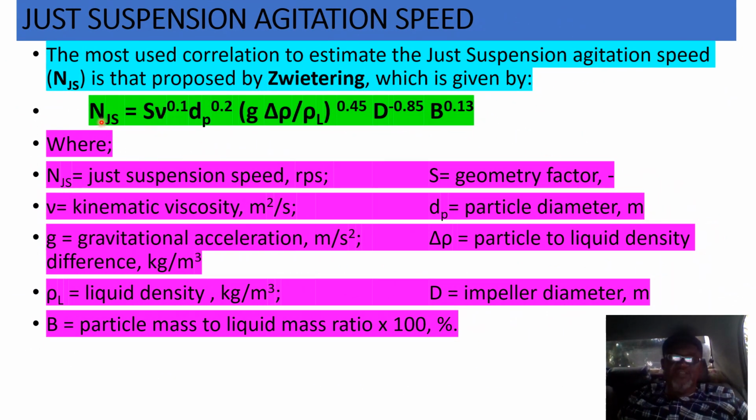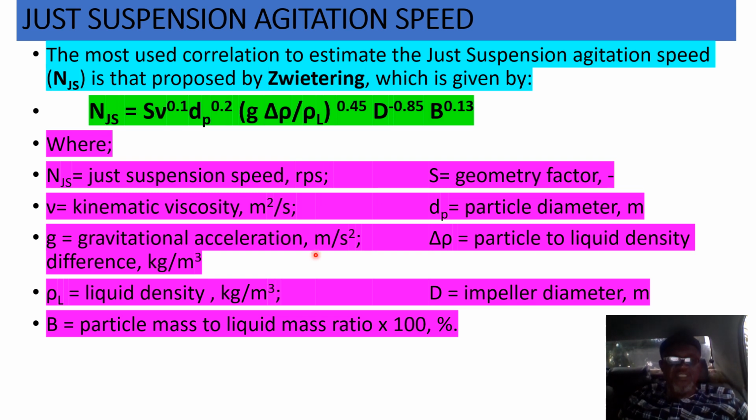Now, there's what we call just suspension agitation speed, and that is given by the Zwietering equation here. This equation is important. We've explained all the parameters here. Just suspension speed, NJS. Mu is kinematic viscosity. G is gravitational acceleration.